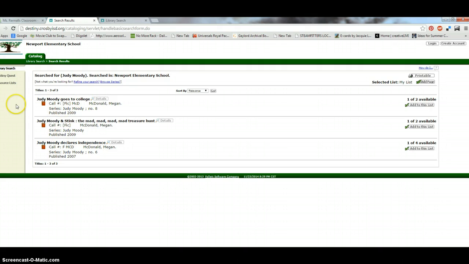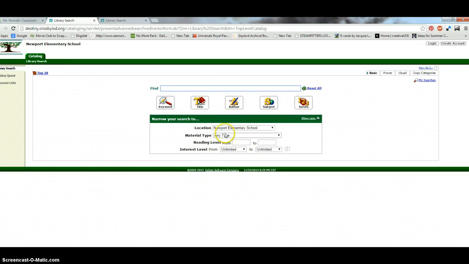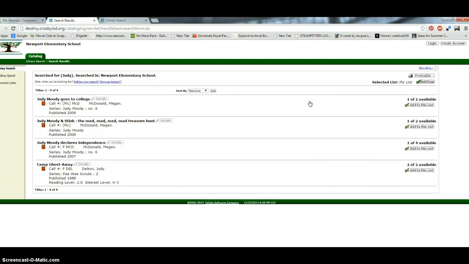If you click on that, you're going to find out all of the books that are in the series. Now I have a lot more Judy Moody than these 3 titles. So we can always go back to the catalog and maybe put in something like Judy and see if we get more results. Okay, I'm going to click series and see. I only got one more. All right, okay, so let's go back.